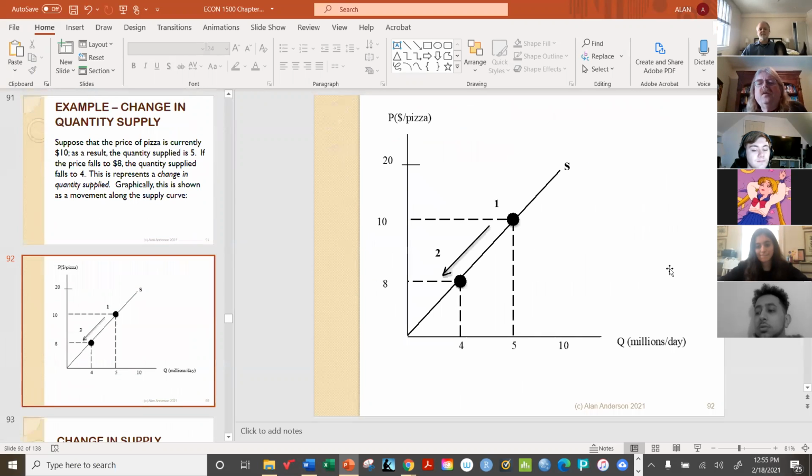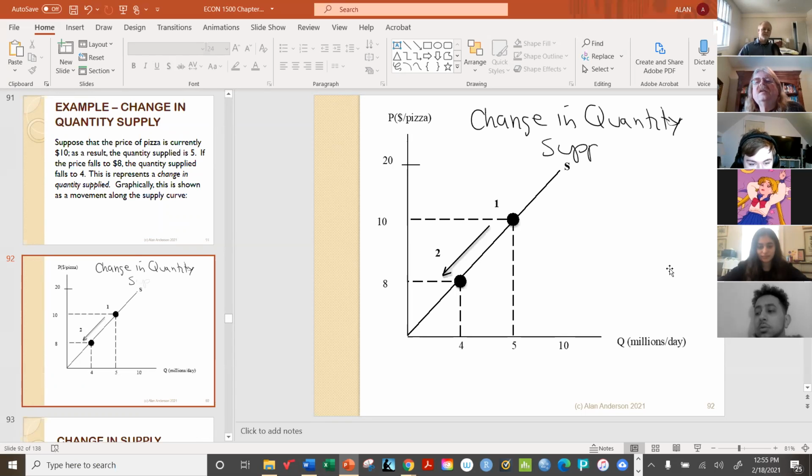So you can see because we're moving up and down the same supply curve, we call this a change in quantity supplied. And this can only be caused by a change in the price of the pizza. No other factor is responsible for this. So we can move up and down this curve, and that means only the price has changed, nothing else.